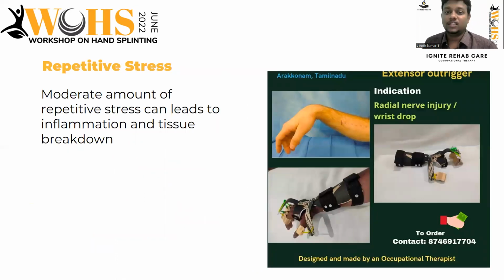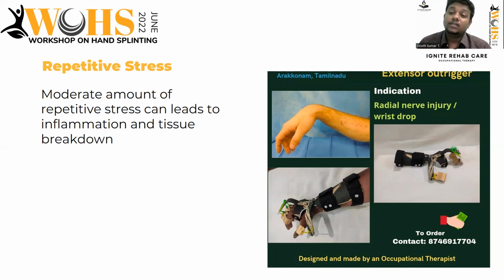Then repetitive stress. It usually happens in dynamic splints. If you provide stress to the joint repeatedly, for example in the case of an extensor outrigger, if you ask the patient to wear it and continuously flex and extend using the splint, it will end up in skin breakdown too.